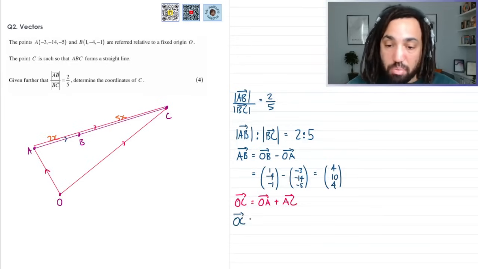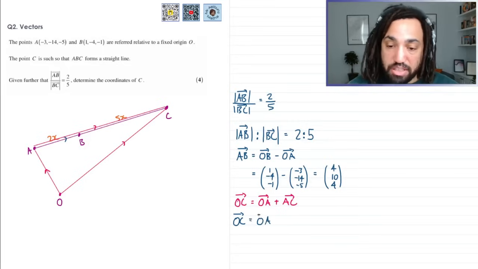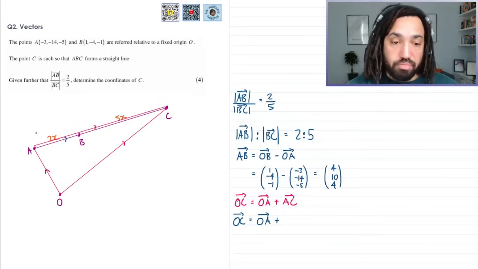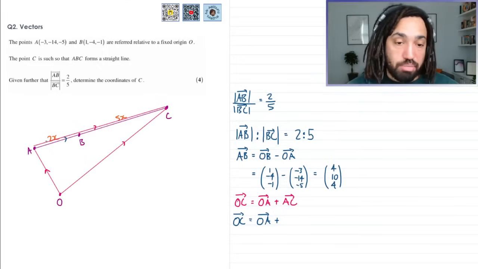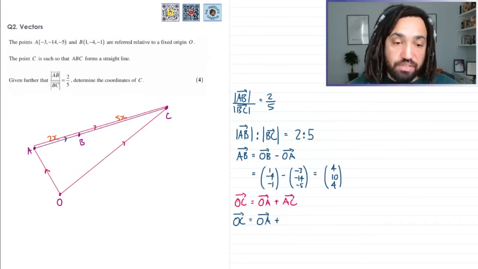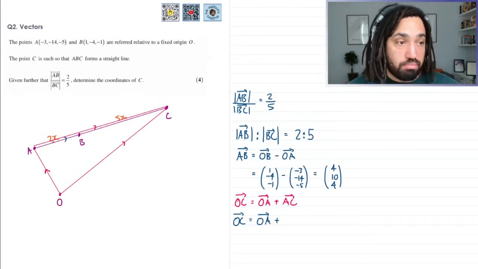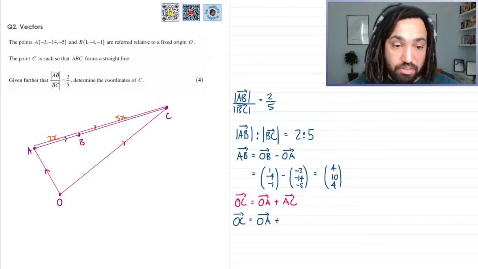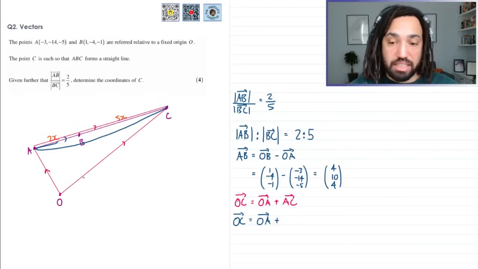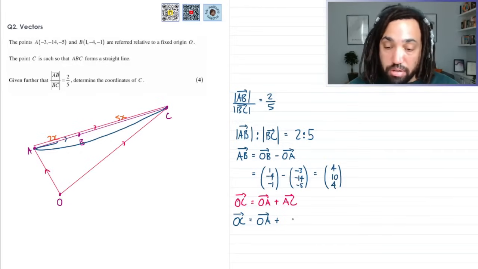And we know O to A because it's just the position vector of A, and we also know AC now. Because we know AB, if I divide AB by 2, I get x, and then if I multiply it by 7, I'll get all the way to AC. So it is actually 7 over 2 lots of AB.